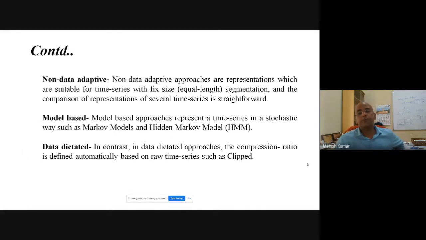Clipping is a process of transforming a real valued series into a sequence of bits representing whether each data point is above or below the average. So a clipped time series requires much less memory to store and can be manipulated faster.